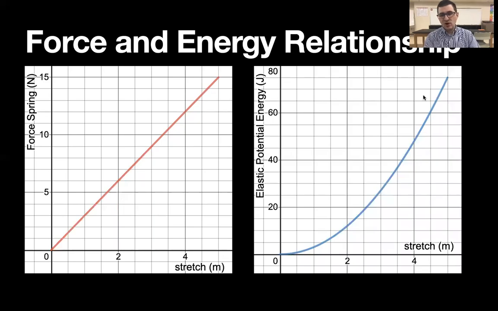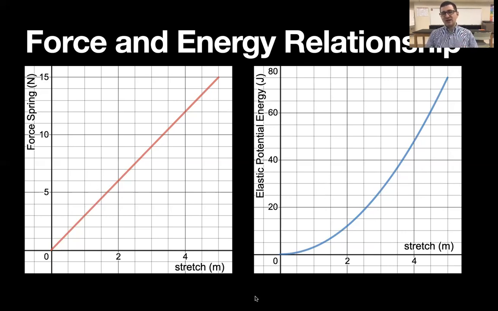It would look like this quadratic, because the linear increase, and we find progressively larger areas, is going to give us a one order of magnitude higher function for the elastic potential energy. And that follows our power rule for integration. When we're taking the derivative, the power goes down 1. When we're taking the antiderivative or integrating, the power goes up by 1. So a first order function becomes a second order function.